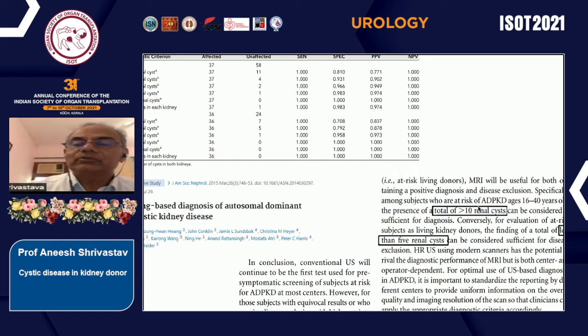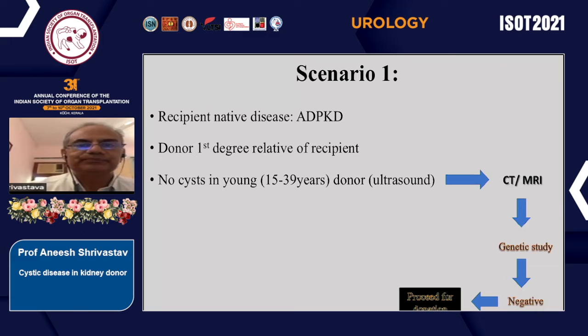In a patient who has a relative with ADPKD, if there are more than 10 cysts on MRI, then that is sufficient for diagnosis, but it has to be supplemented with the genetic test also.